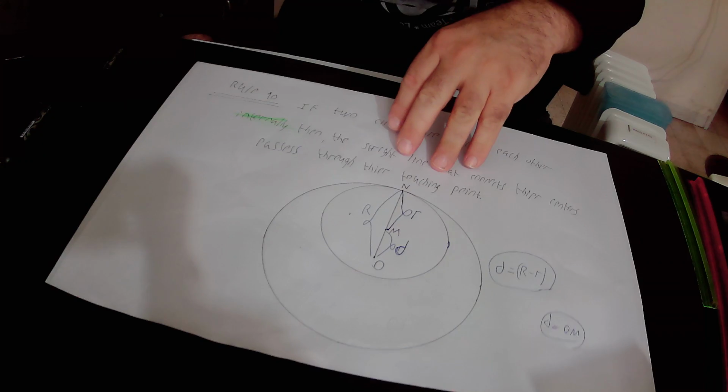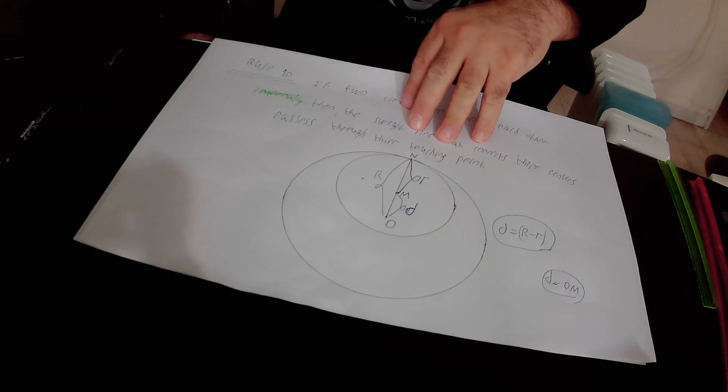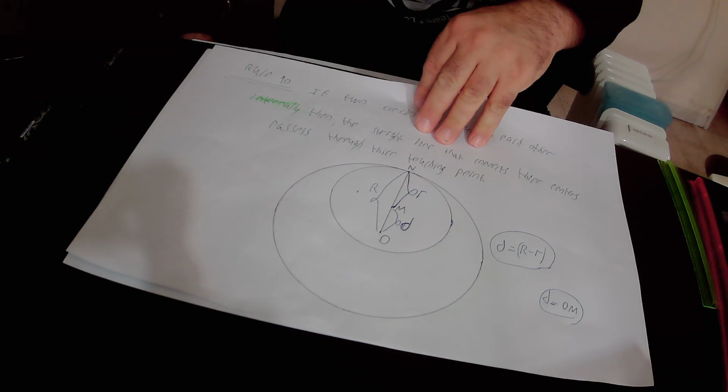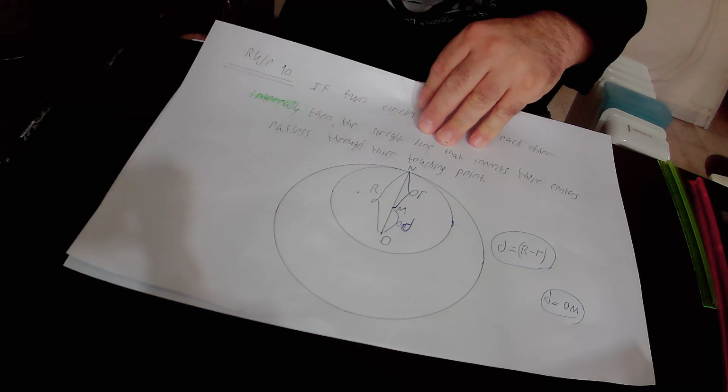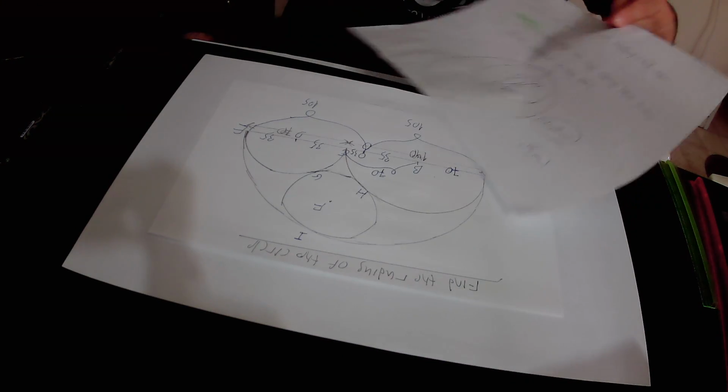Likewise, we also have rule number 11 that talks about an external touch between two circles.